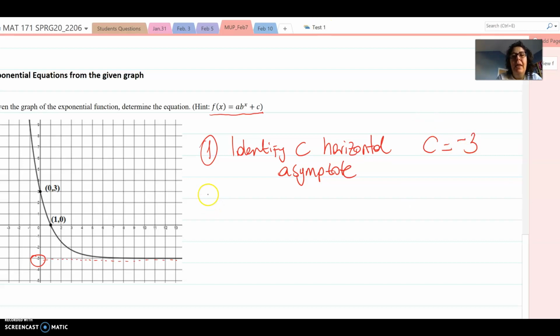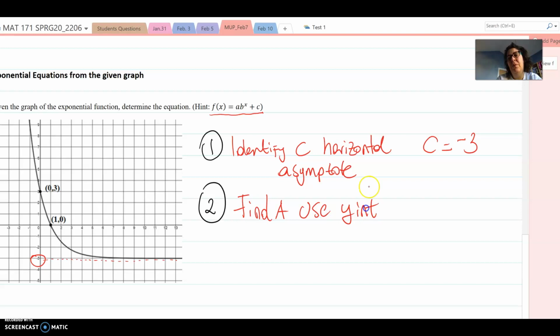Okay, now step 2. Step 1, okay. Step 2 was find A. And we're finding the A from y-intercept and use y-intercept for it. That's the tool. Okay, y-intercept means x equals 0, right? So that is the point here, 0, 3.